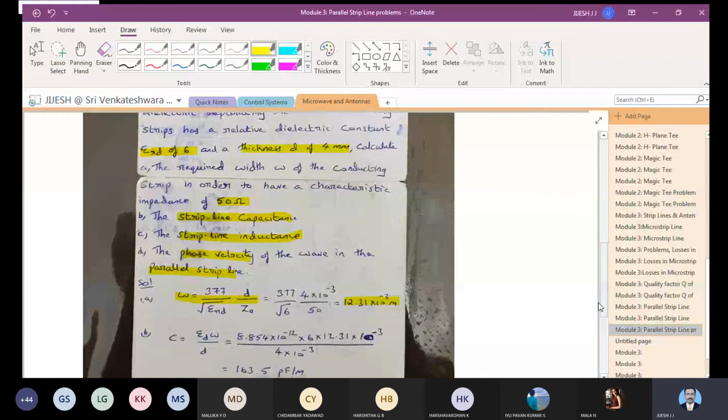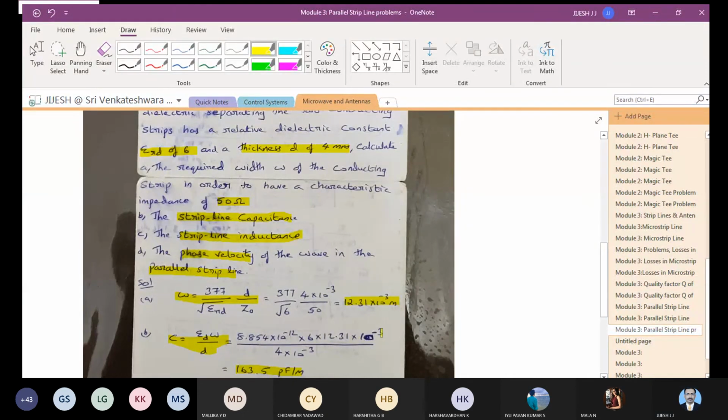So the next is inductance. You should know that you will get C as 163.5 picofarad per meter. All of you are getting 163.5. Mu also you need to write as mu naught into mu r.